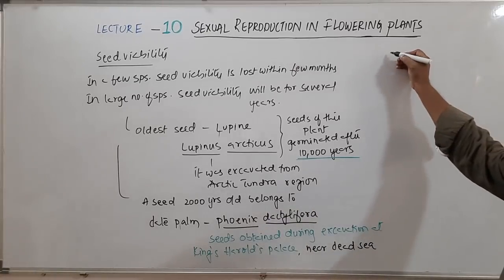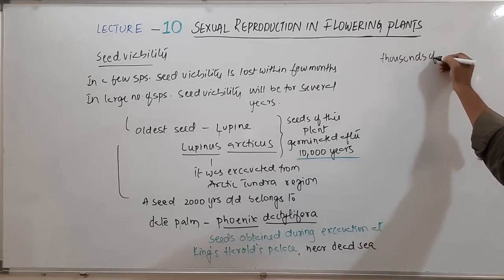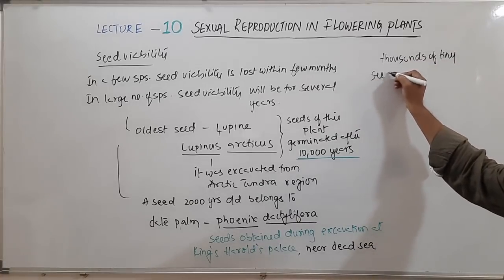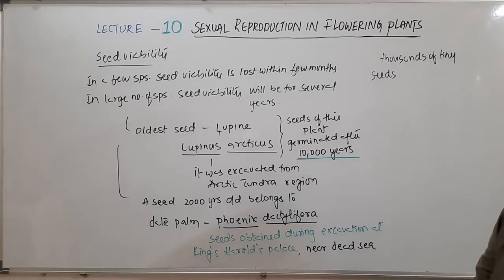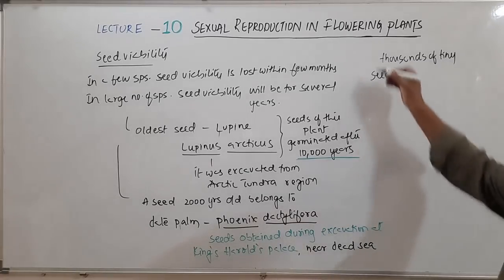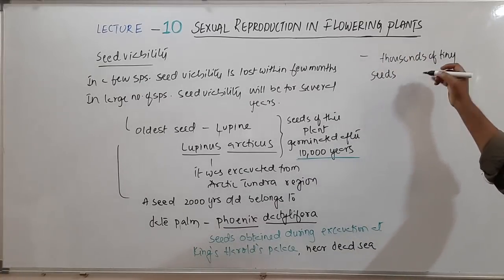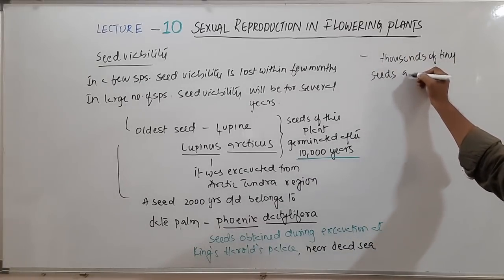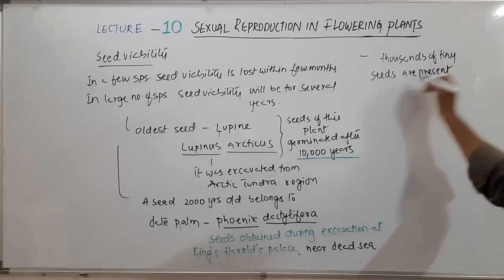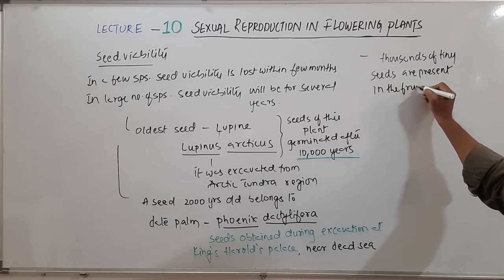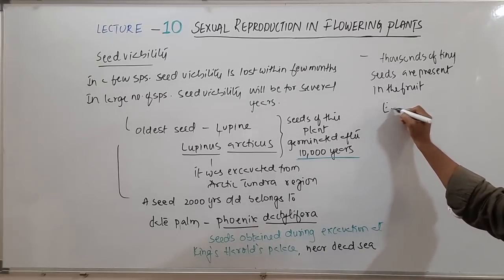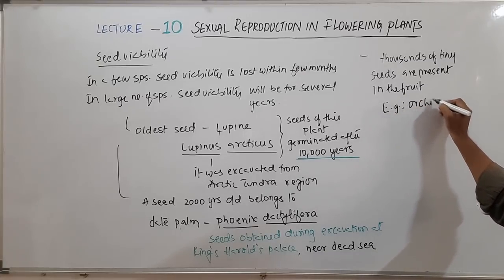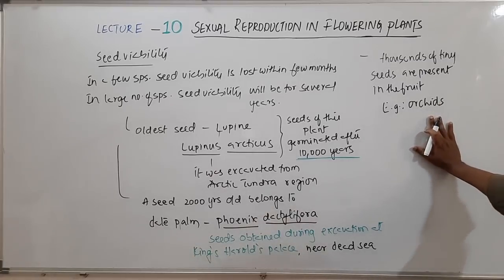There are thousands of tiny seeds embedded in the fruit in some species, for example orchids, which produce thousands of tiny seeds inside the fruit.